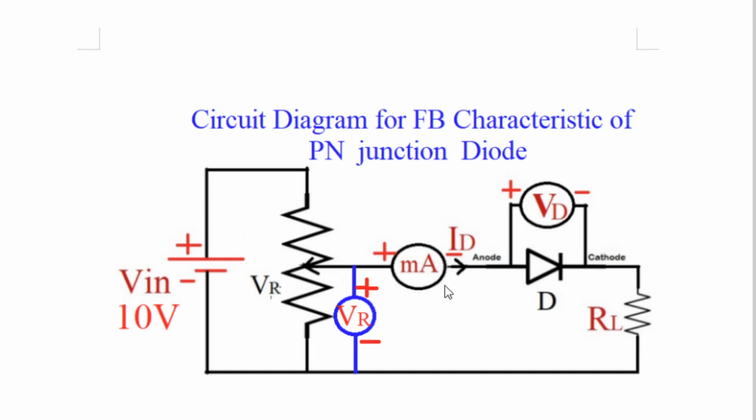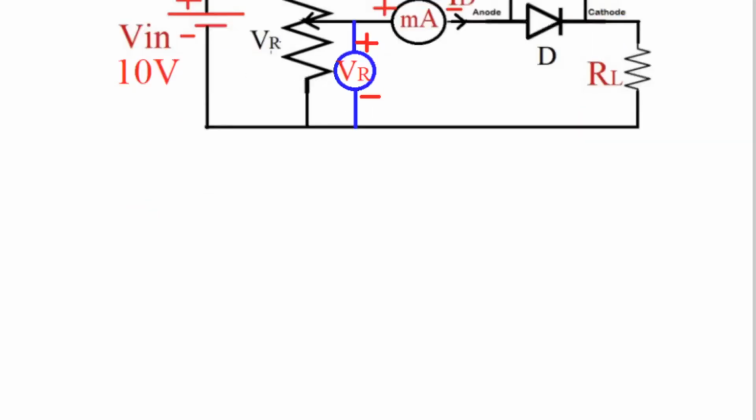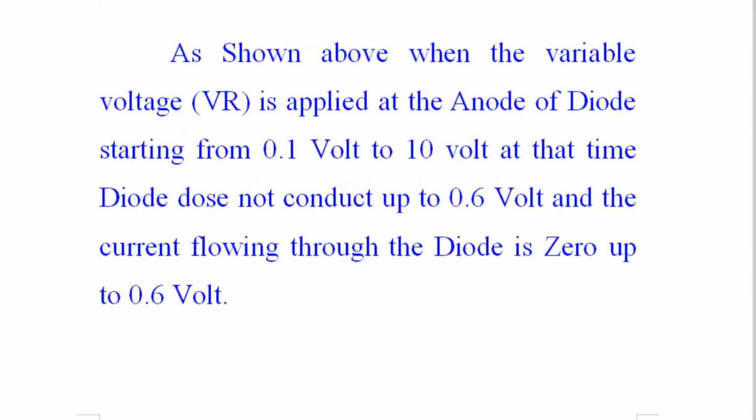But above 0.6 volt, when you apply this variable voltage, current starts flowing through the diode, but the voltage across the diode is 0.7 volt only for all applied voltages: 1 volt, 2 volt, 3 volt, 4 volt, like that. But the current goes on increasing, and that is what is mentioned in this paragraph.